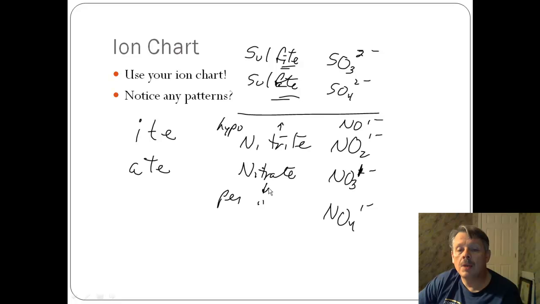So the names are very similar, but there are some rules to do this. You will notice that nitrates don't always have a 2- charge, like they do in sulfate. Phosphate has a -3 charge, sulfate has a -2 charge, nitrate has a -1. So that doesn't follow, but -ate always has one more oxygen than the -ite does.